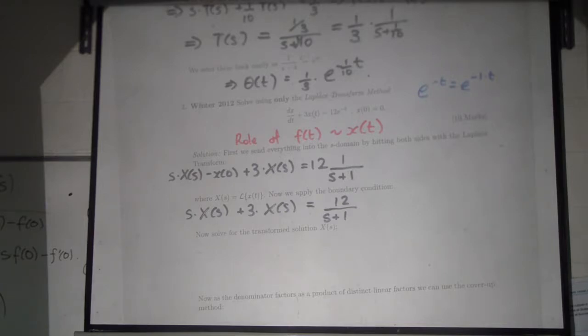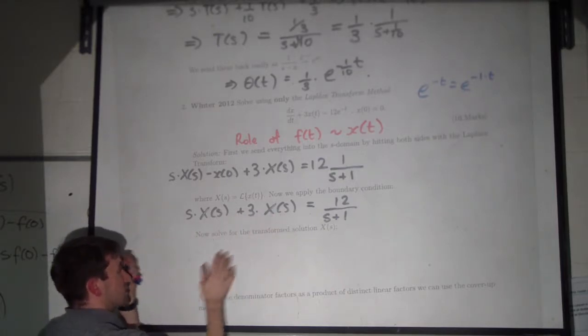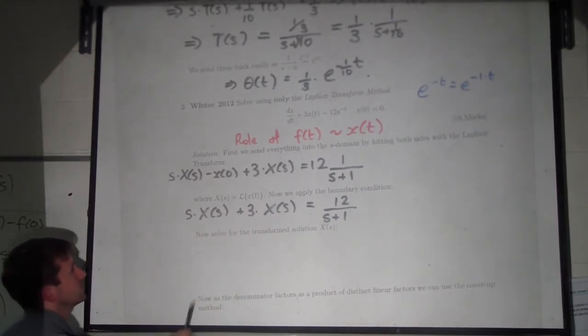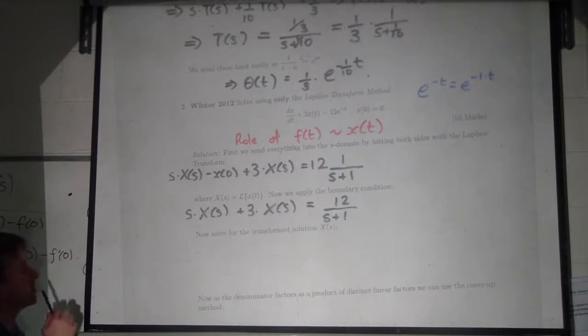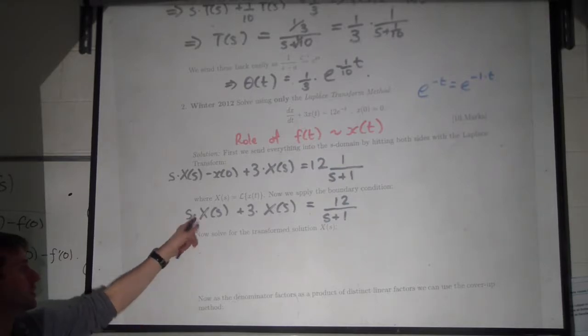Okay, now I want to solve that for x of s. I've got nothing but x of s over here, that's good. What do I need to do? S plus 3. Yeah, take out the common factor of x of s.